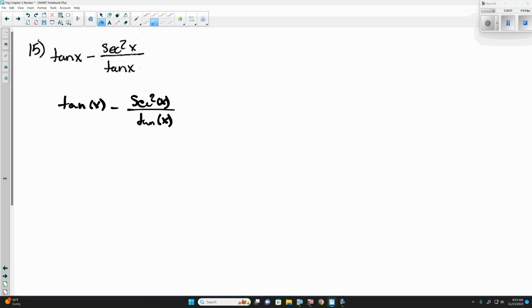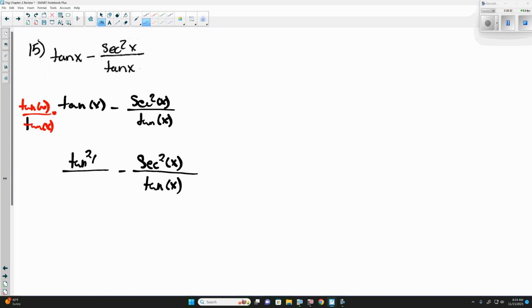Well, again, for us to be able to add or subtract fractions, we need the denominators to be the same. Since only one of them has a fraction, our tangent of x in the denominator, we just need to multiply the first one by tangent of x over tangent of x, which is going to give us tangent squared of x over tangent of x.